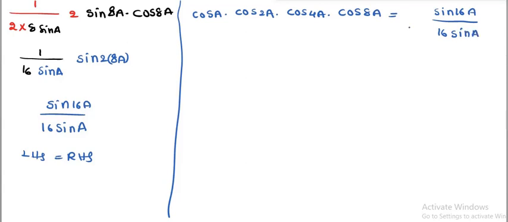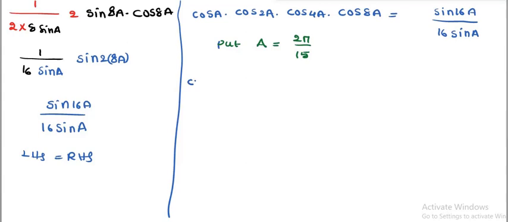And hence deduce that cos 2 pi by 15, cos 4 pi by 15, cos 8 pi by 15, cos 16 pi by 15. Please observe, put capital A equal to 2 pi by 15 and substitute.